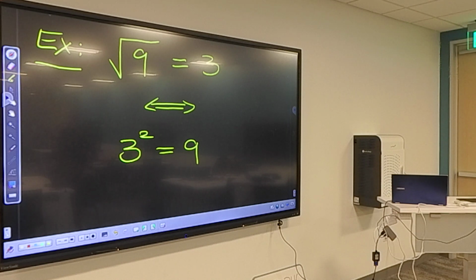When you were in grade school, maybe elementary or middle school, they would have told you some nonsense about the square root of 9 being plus or minus 3.